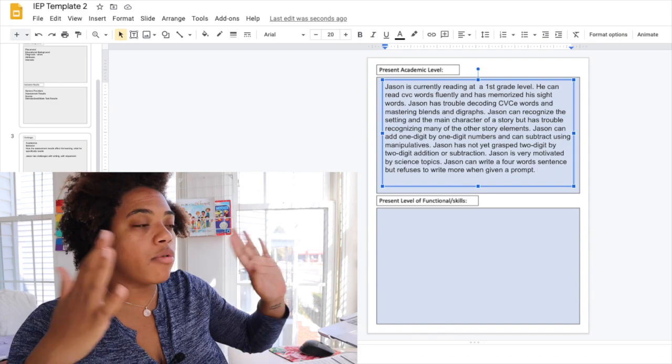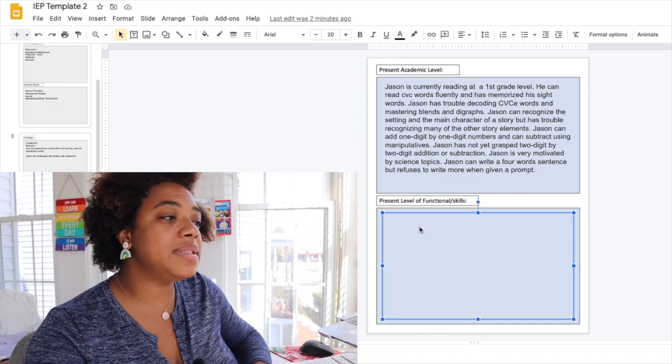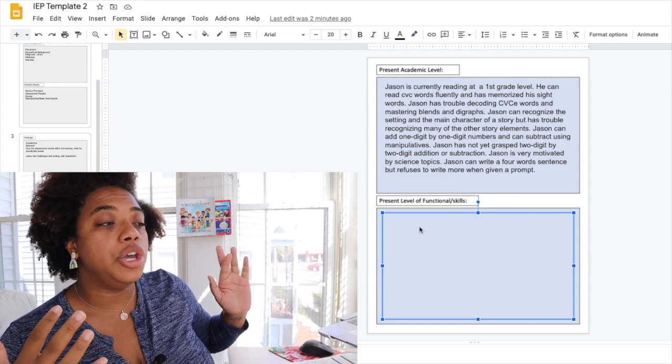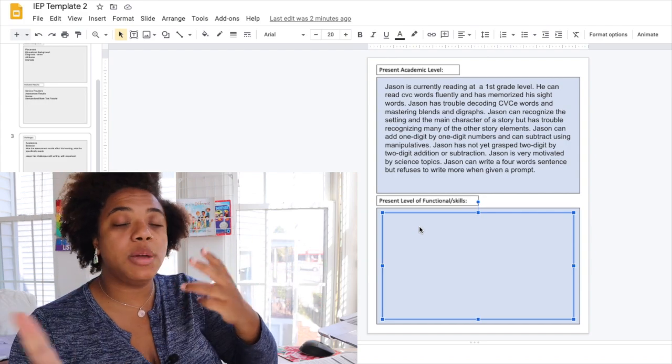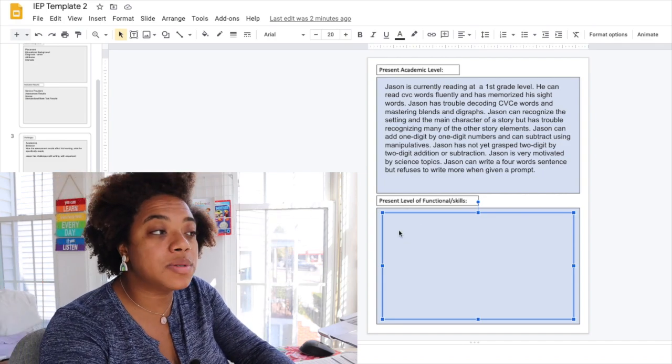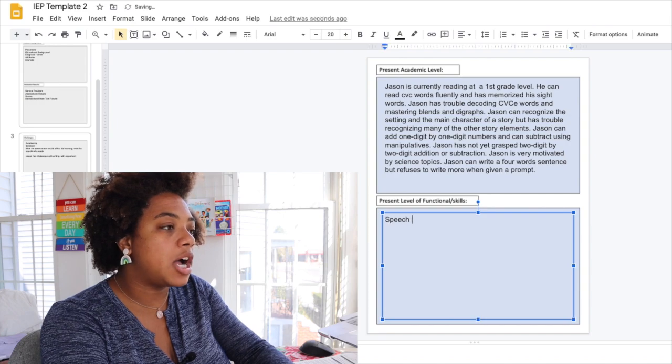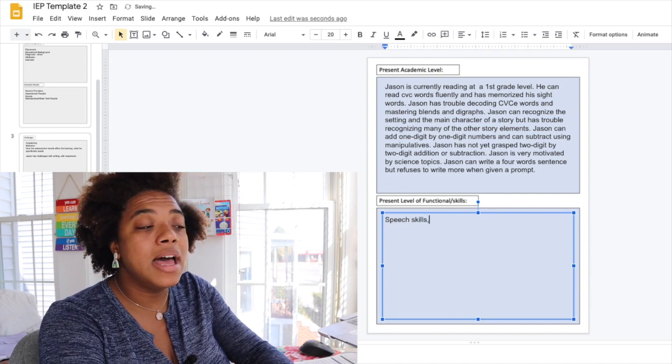And I wrote it like this. When it comes to functional skills, a lot of times this is written by other people who know more about that skill, so speech, occupational therapy, whatever, but there are some schools that ask the teachers to write everything. So in this area, I would probably talk about his speech skills.